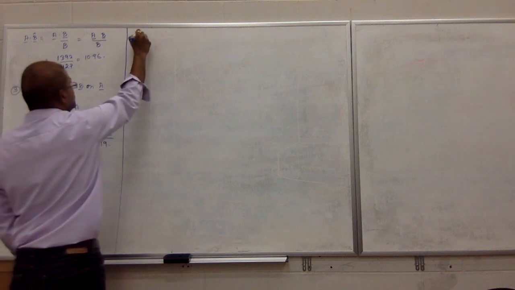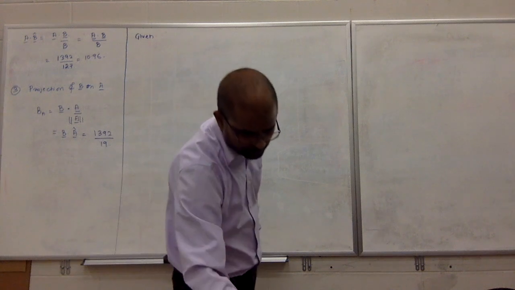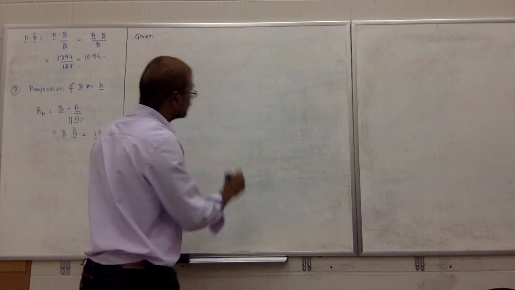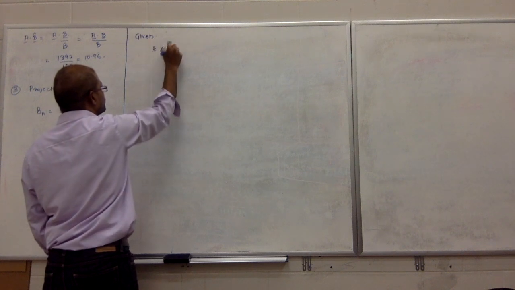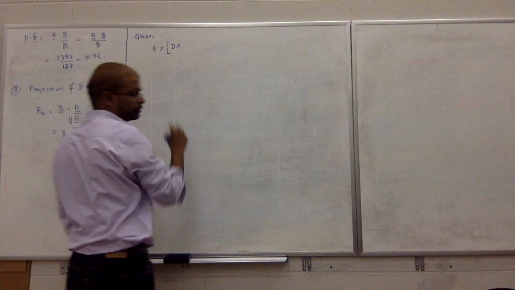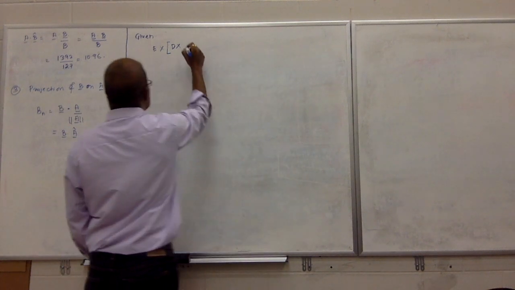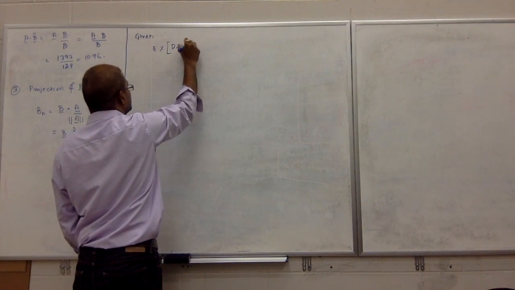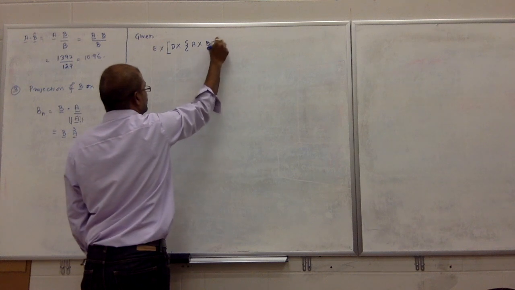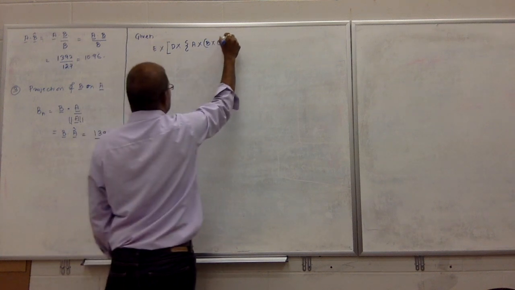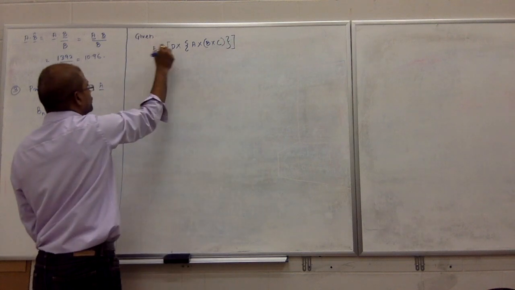So given E cross B cross A cross B cross C. Okay, all these are vectors.